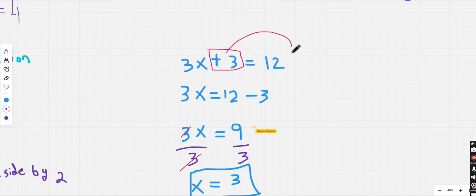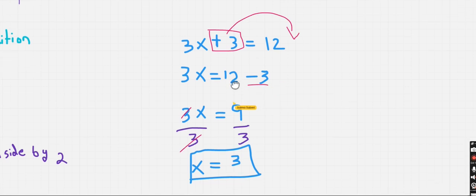We switch this to the other side of the equality, and it becomes negative 3. It switches its sign because we move it from the left side to the right side of the equality. Now here you see it clearly, we get 3x is equal to 12 minus 3. When we simplify this, we get 3x is equal to 9.